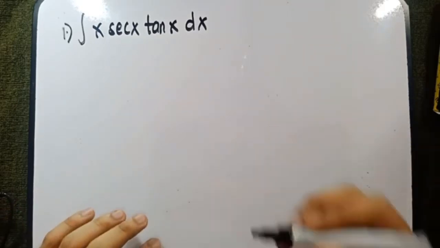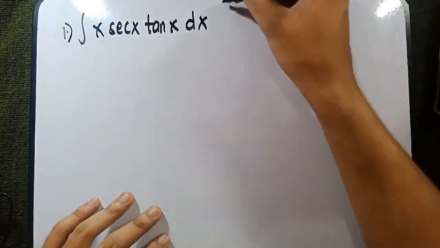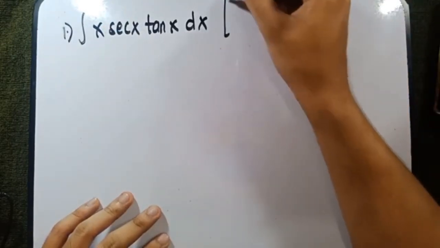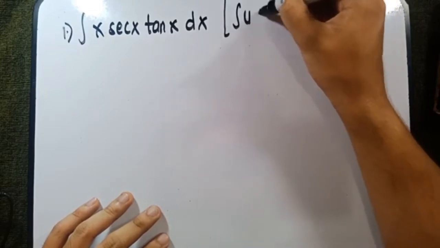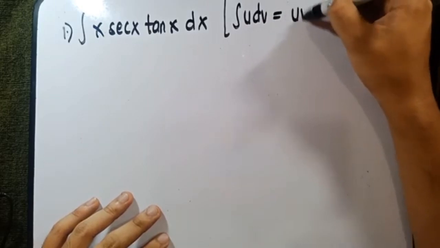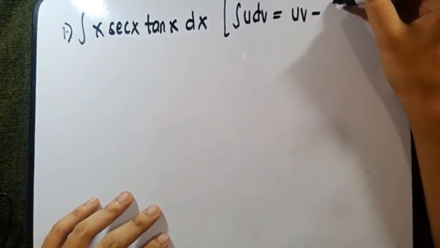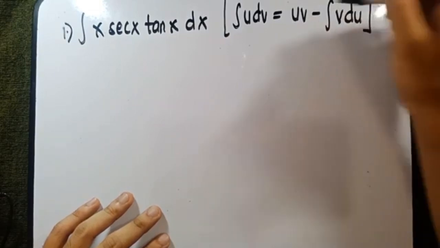So, lagay muna natin yung ating rule. Yung rule ng ating by parts, the integration of u dv is equal to uv minus integration of v du. Ilagay ko lang yung rule dito sa gilid.